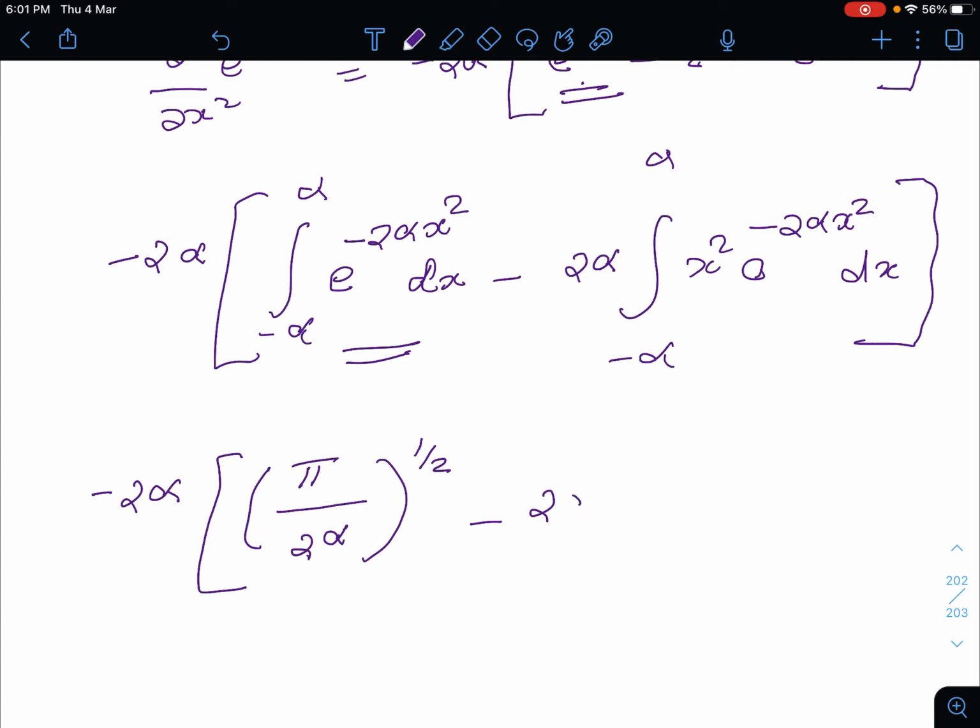And the integral of x square e raised to minus 2 alpha x square is root pi by 2 into 1 by 2 alpha all raised to 3 by 2. Yes, good.